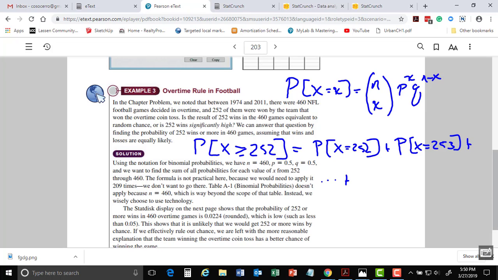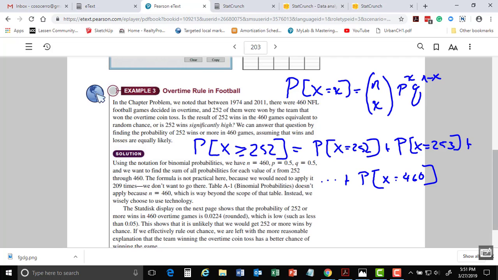All the way, keep going until you find the probability of X equal to a total of 460. Okay, so that's a lot of work. Do you understand? I'm calculating this for each number bigger than 252. Now, you could add them up to that point and subtract from 1, but that's still 200. So table A1 doesn't apply because N is 460, which is beyond the scope of the table.